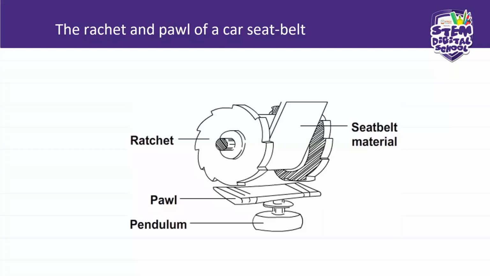Okay. What could happen if the car seat belt didn't have a ratchet and pawl system?